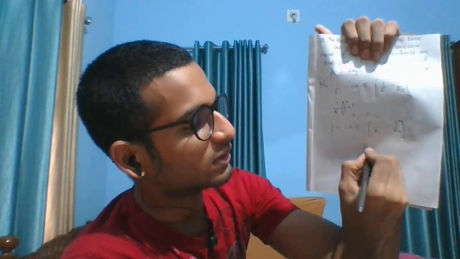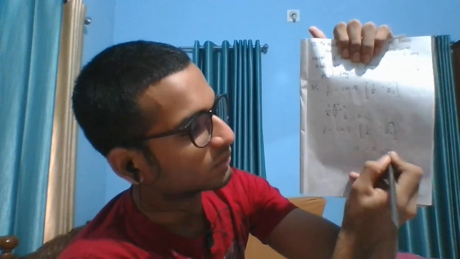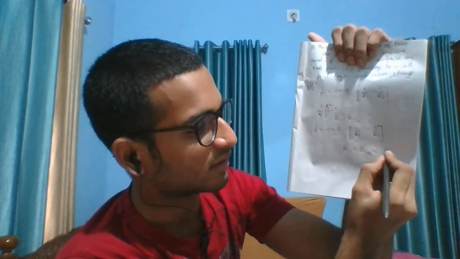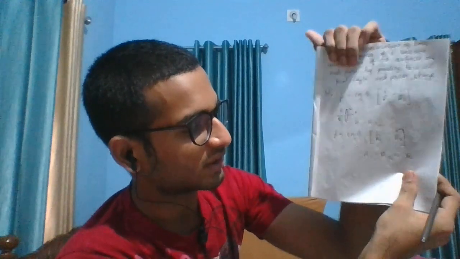So 1 by f equals n minus 1, into 1 by r1 minus 1 by r2, that is the equation. And r1 equals r2, they're the same, let's call it r. Both the radii are equal.